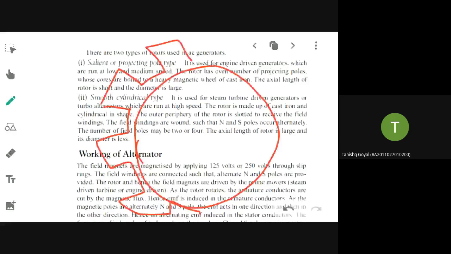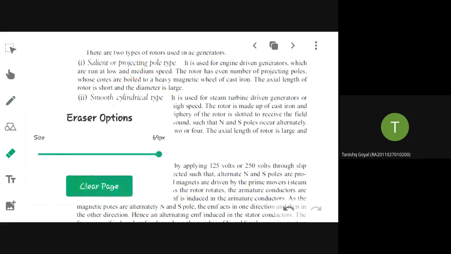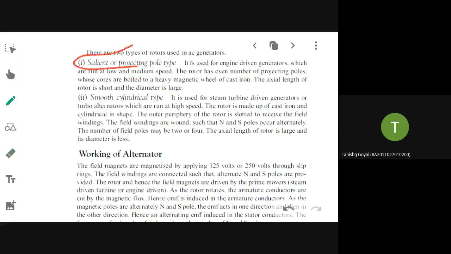In these slots you will have conductors placed. As you can see, this is smooth. So this type of rotor is called what type of rotor? Smooth cylindrical type. So what are the two types of rotor present in a synchronous generator? One is salient pole, the other is smooth cylindrical.